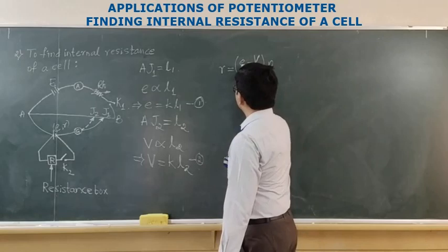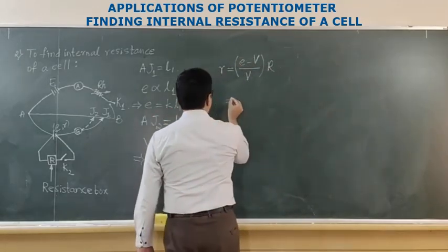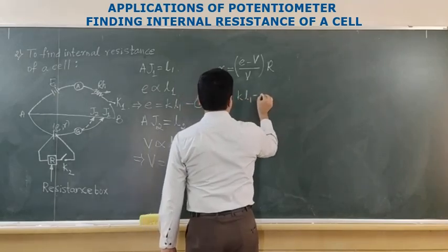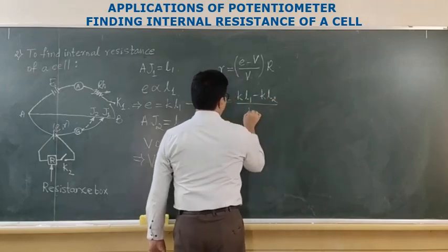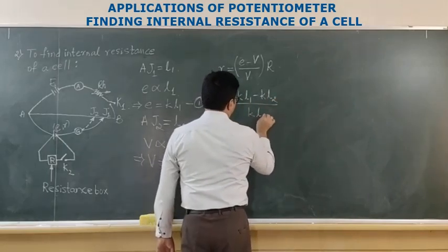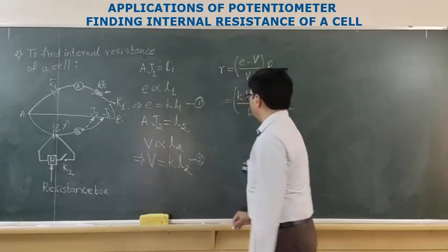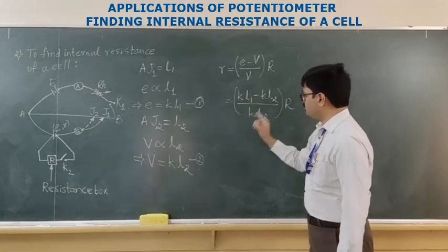Over here, small v is nothing but K into L1, so I'll substitute that: (K L1 minus K L2) divided by K L2, whole multiplied by R. Now K is taken out as common in the numerator, and it cancels out with the K in the denominator.